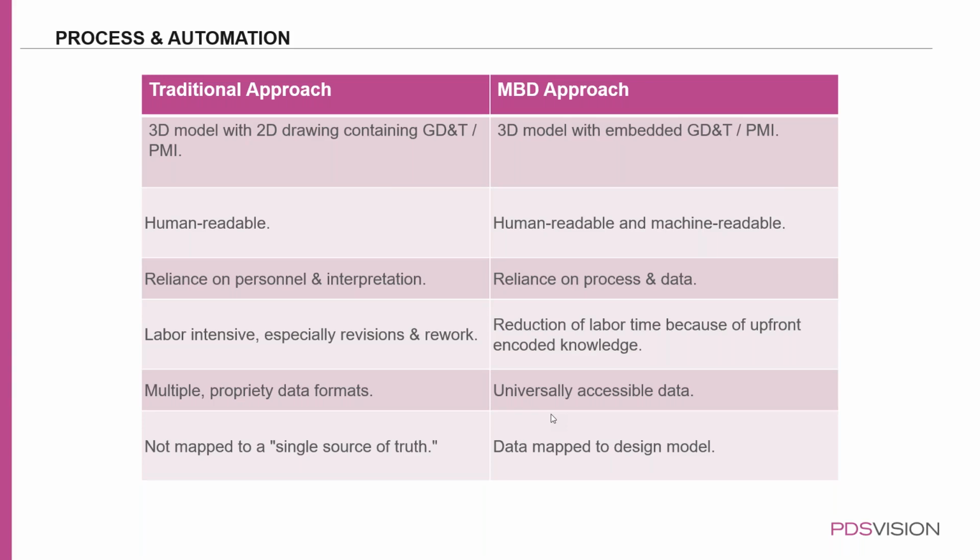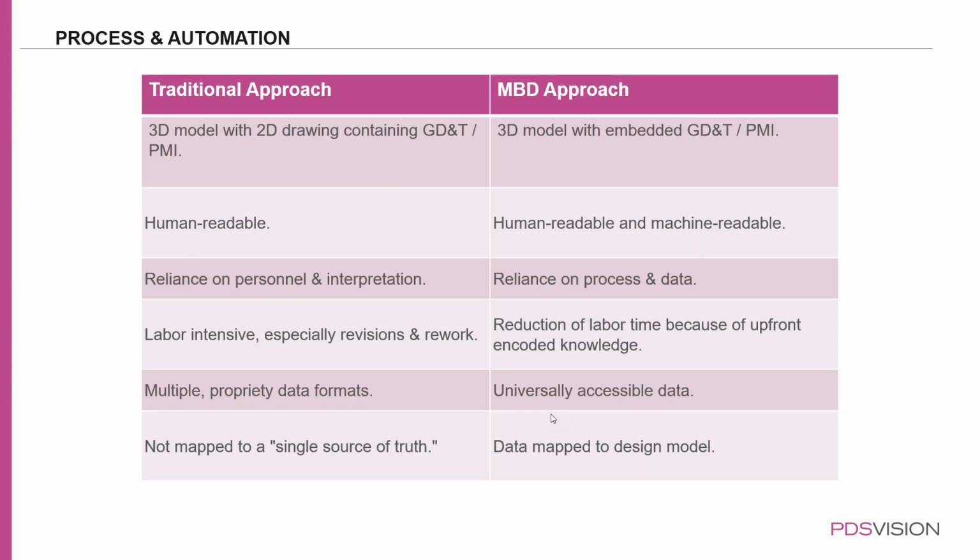With the traditional approach, you have those drawings, and it also depends on how a person interprets a specific drawing, whereas the 3D model-based definition approach relies on process and data. The 3D model which you have created already has the dimensions present in it.